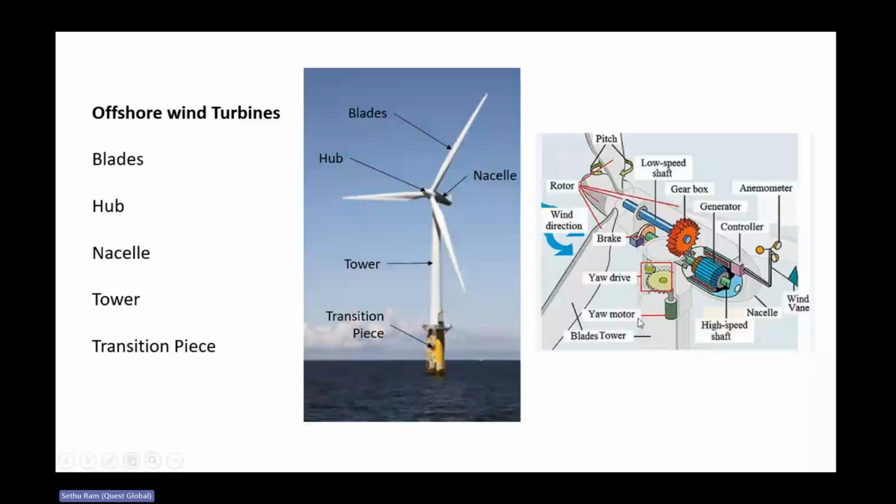This wind turbine is very bulky, so to drive it, we need motors also. Okay, and these are the common, important components in the nacelle and hub area.